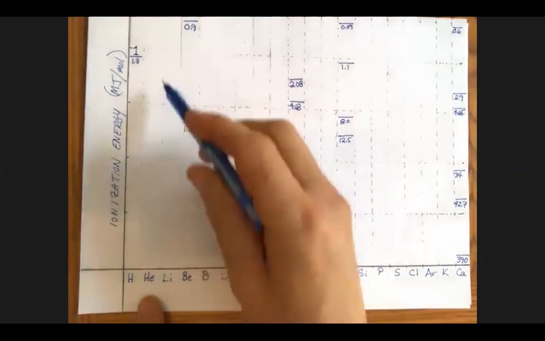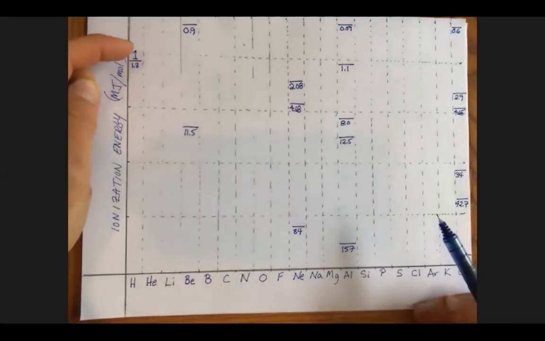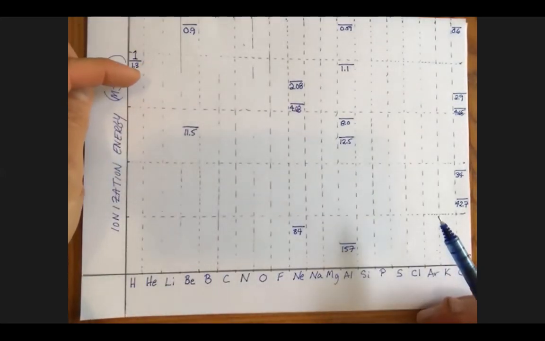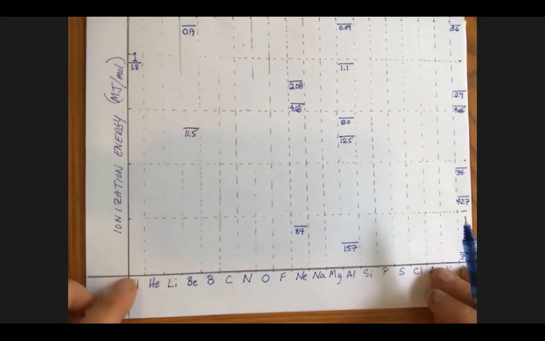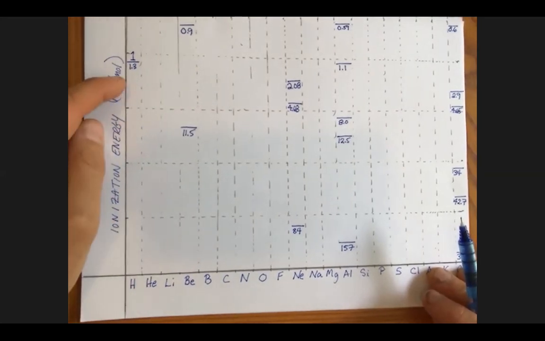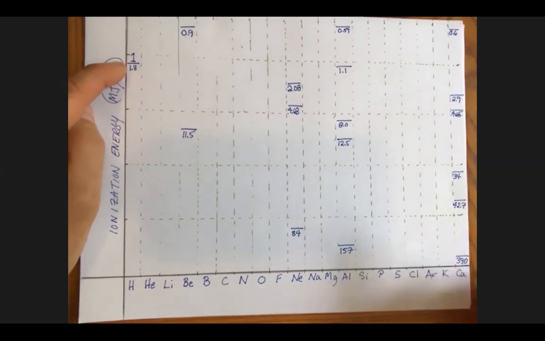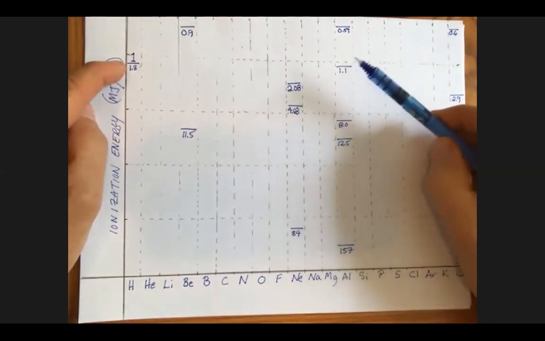So I've got to figure out where in here is 2.37. Well, you'll notice that on the left-hand side, there are no units. So we've got to try to figure out where 2.37 would be. And if we look at some of these other numbers, it'll give us some idea.